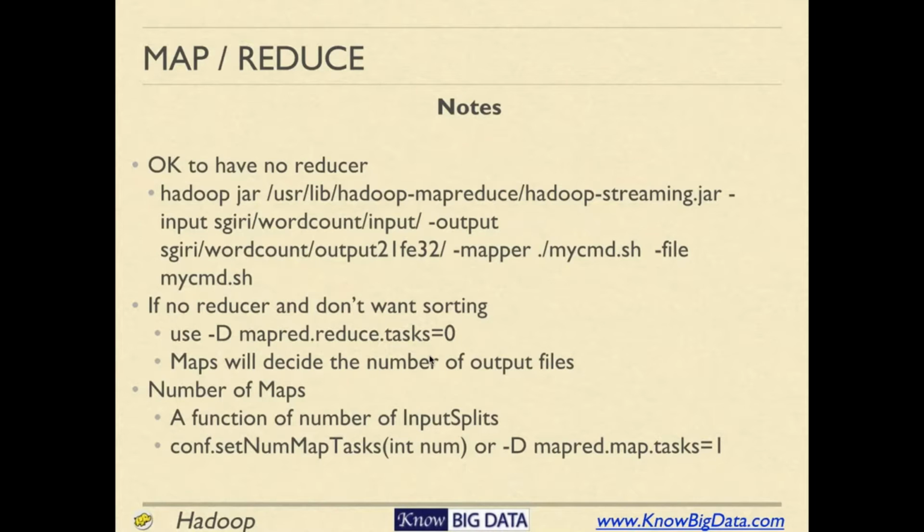Sometimes your input file is very small and you want many mappers. For example, let's say you are building a distributed crawler. You have a list of files, say a million files or URLs to crawl.